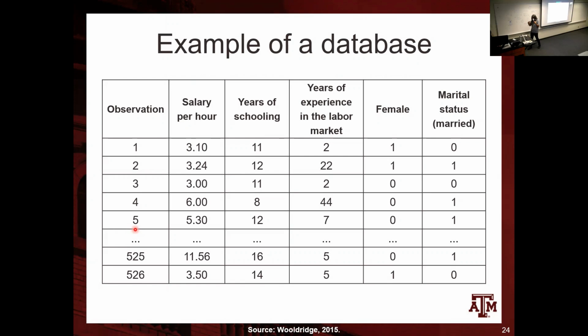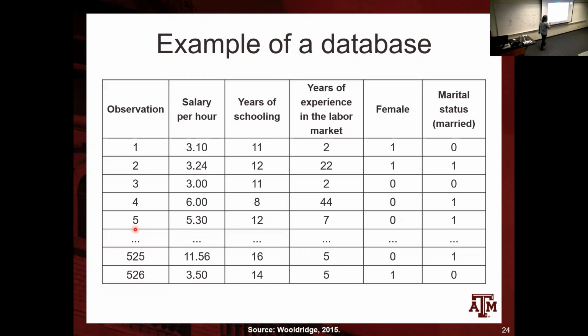So based on my database, my data set, my microdata, I can create a series of different tables. If I'm doing a table for one specific variable, 40% of women, 60% of men, that's a frequency table, one variable.